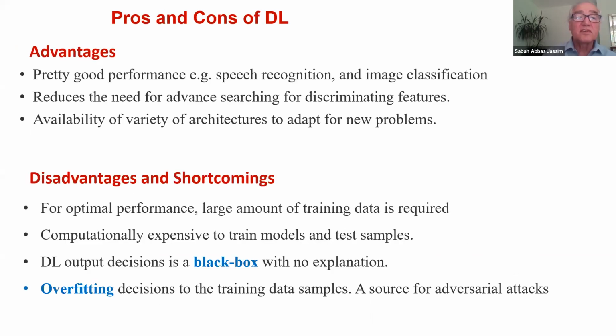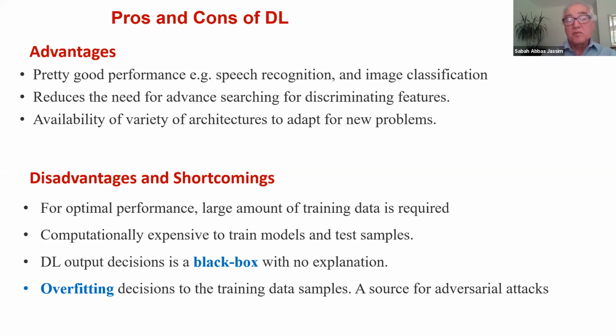Pros and cons of deep learning, or CNN in general: pretty good performance, speech recognition, image classification, and it reduces the need for advanced searching. In conventional machine learning, you need to know what you're looking for, in a way, what kind of texture analysis you want to do.